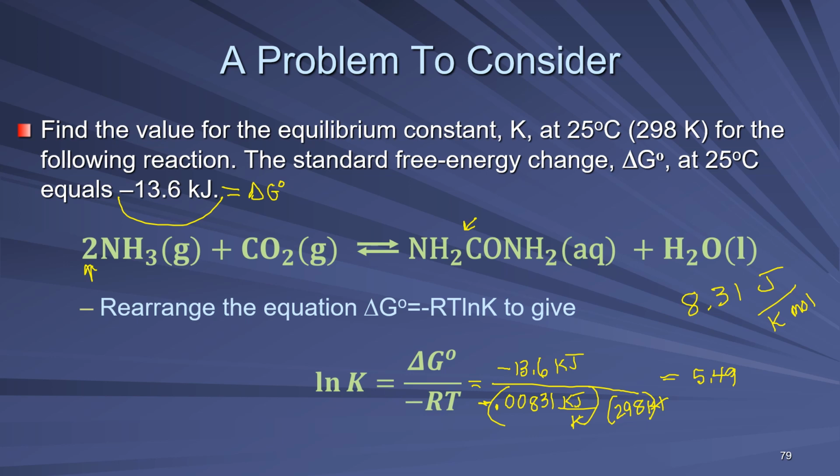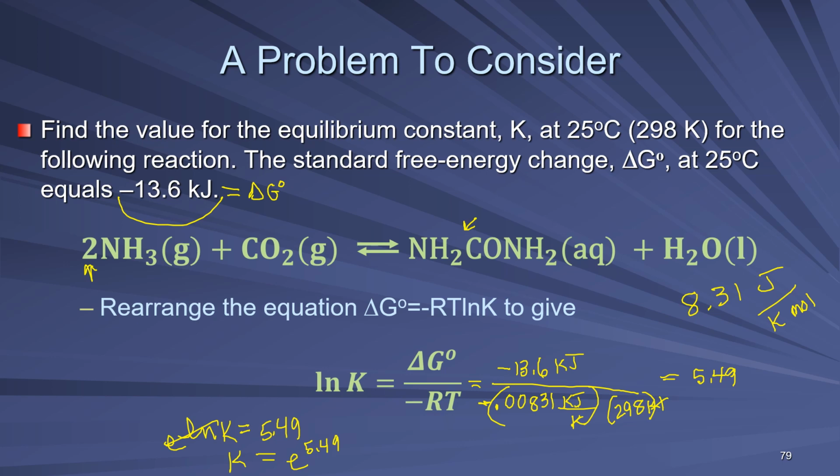So then we have natural log of K equals 5.49. To undo the natural log, you have to raise E to both sides. If you raise E to the natural log, they cancel, so you just get K. And then this side is E to the 5.49. And so if you take E to the 5.49, you'll get the answer.